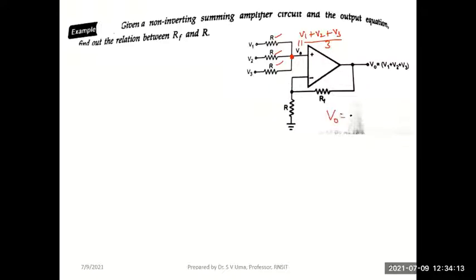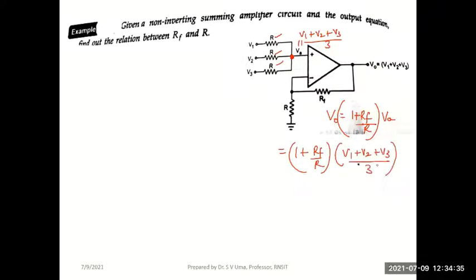Therefore, the output voltage is 1 plus RF by R into V1 plus V2 plus V3 by 3.